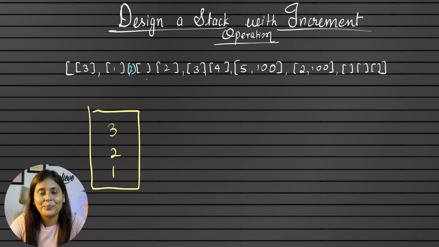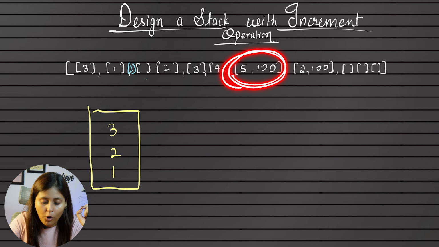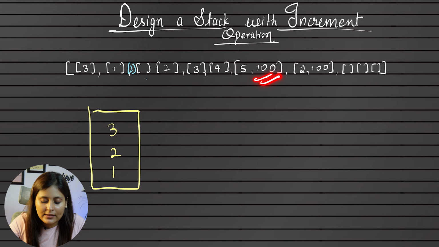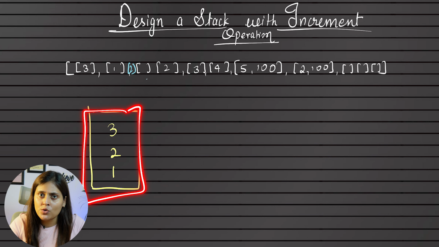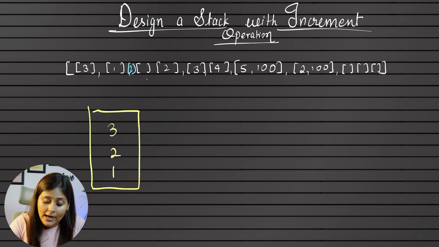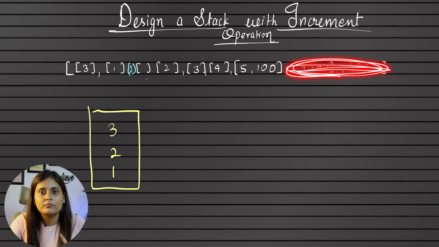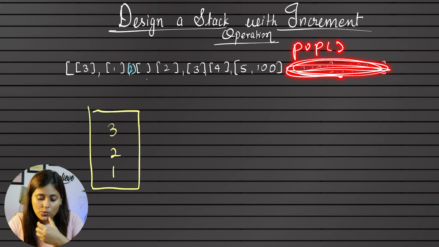What this function says is: take the bottom 5 values and add 100 to all of them. In this case, we have 3 such elements, so basically it means that we have to add 100 to all of them. But what if after this no pop function comes, correct? Or else suppose one pop function comes, that's it. Suppose the size was 5.